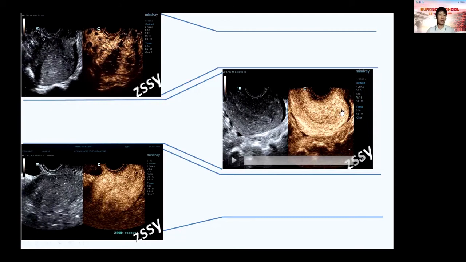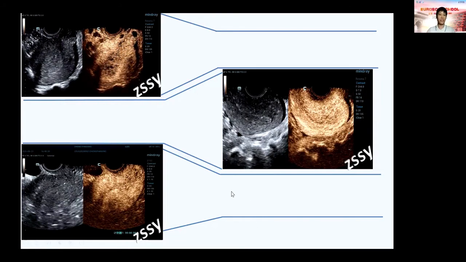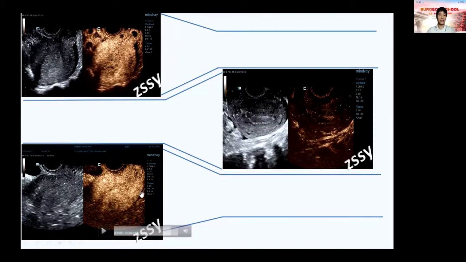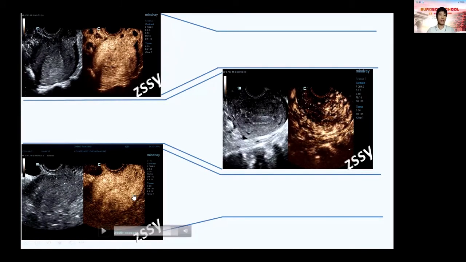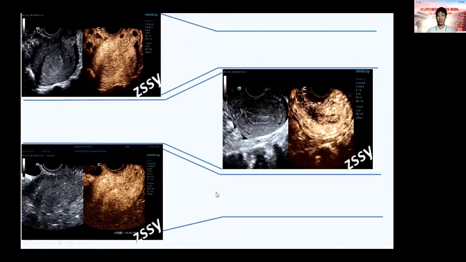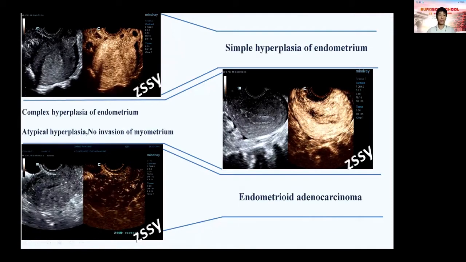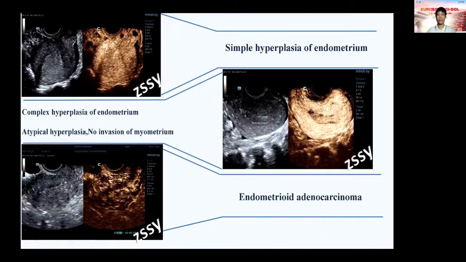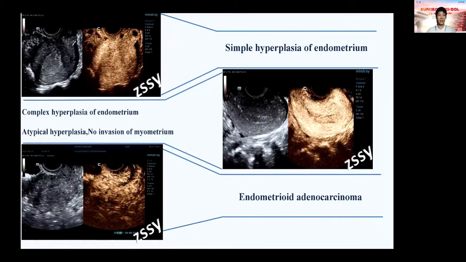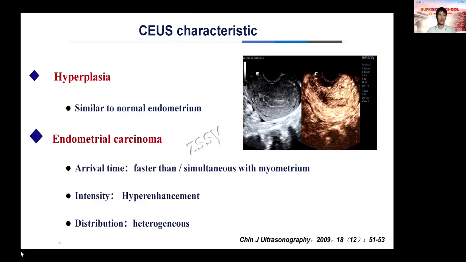Therefore, we were more confident to indicate that case B and case C was malignant, and the pathological result confirmed our diagnosis. Thus, when the above features appear, we should consider the possibility of the endometrial carcinoma.